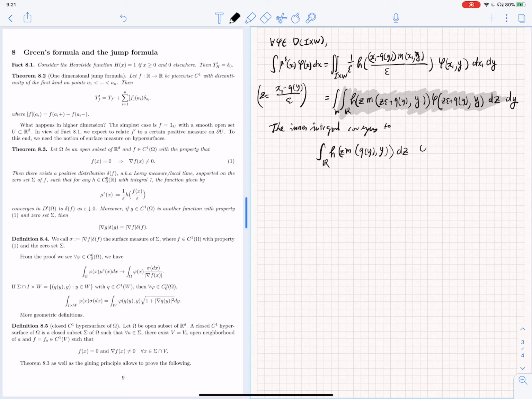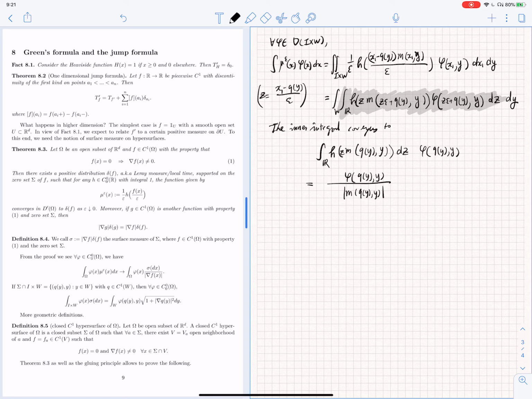We can separate it because this does not depend on z anymore. The inner integral converges to this quantity, and we see automatically by making a variable change that this is 1 over the absolute value of m times the integral of h, which is equal to 1. So this actually equals phi of q of y divided by the absolute value of m.